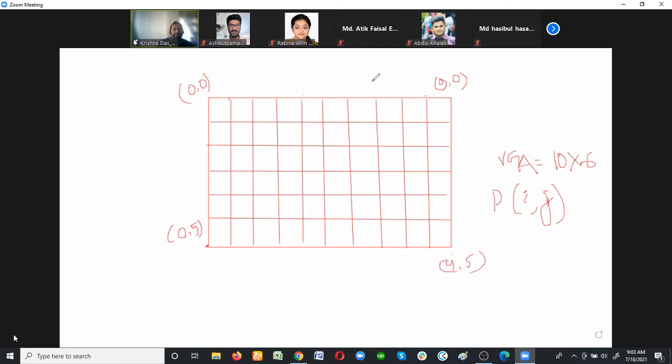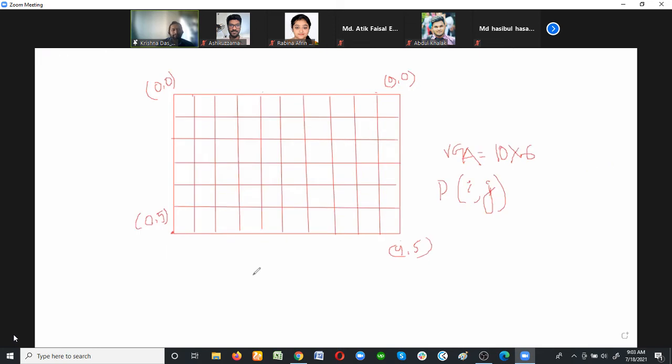Now consider that we may have a given p having ij value. So we must take any value in between this range, right? Then only can we find the address inside that screen.